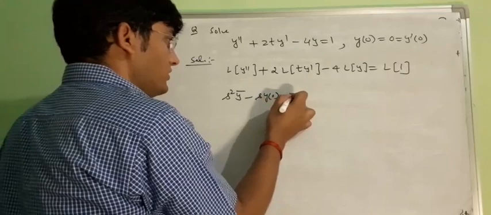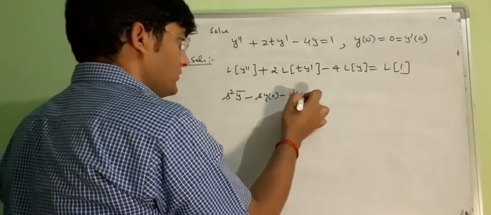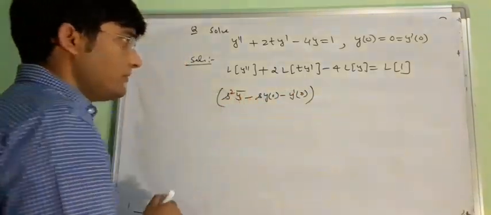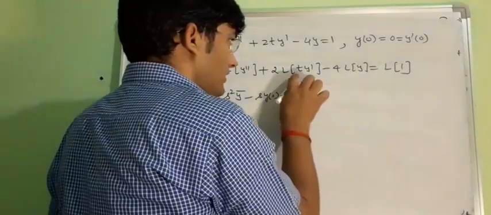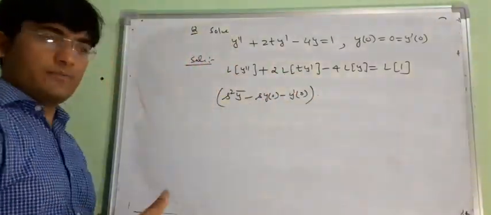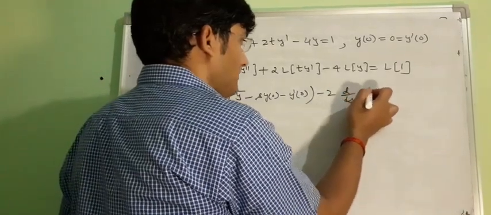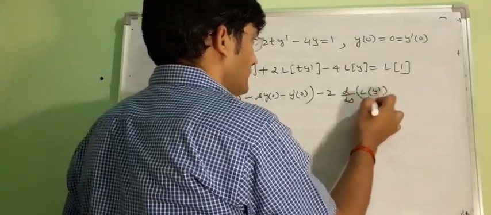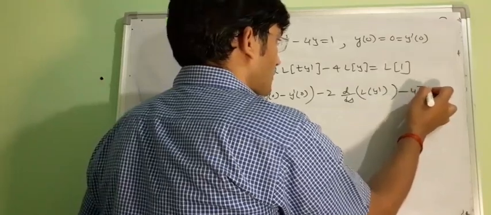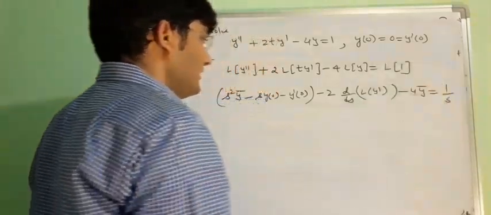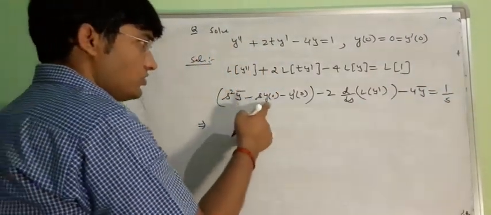Both y(0) and y dash(0) are 0, so they will not create any problem. Plus, here we will use the Laplace of t f(t), which is minus d by ds of Laplace of f. Then we will have 4y bar, and the Laplace of 1 is 1 by s.